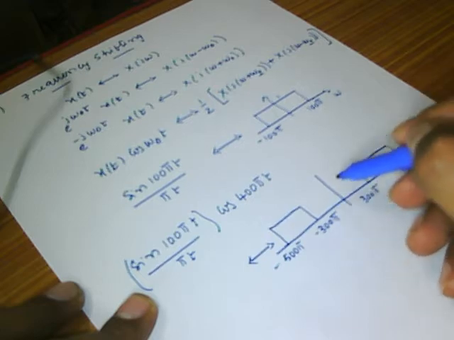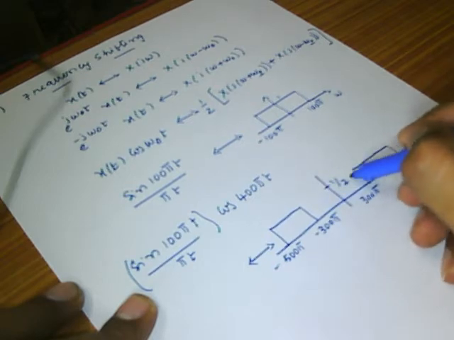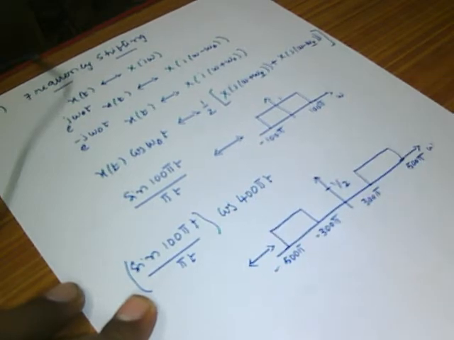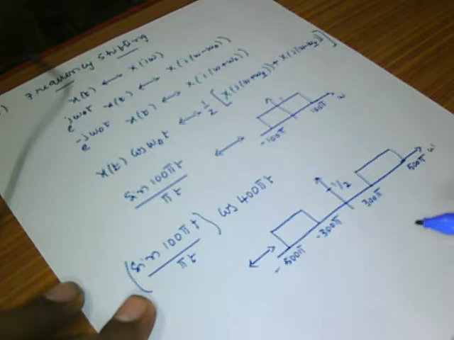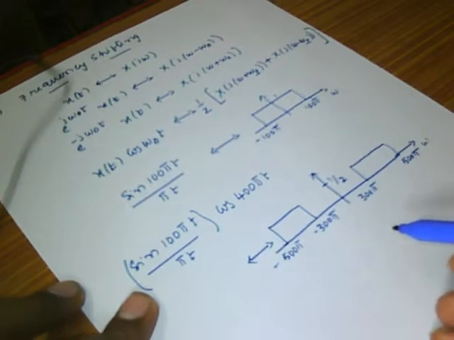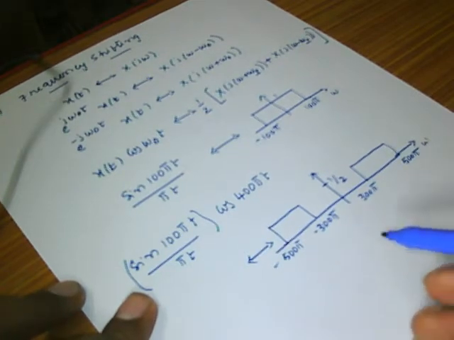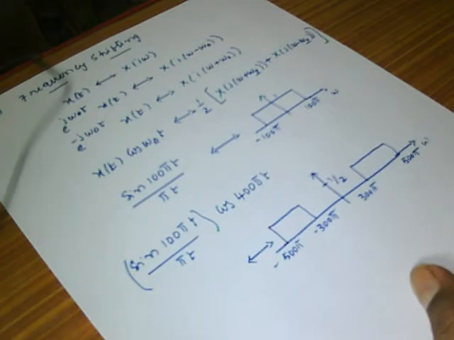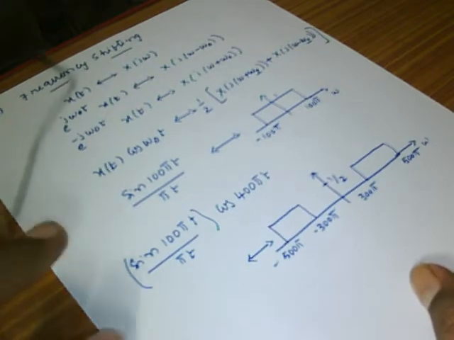So here the amplitude has become half. So this is the Fourier transform of this signal. Is it okay? Similarly, for example, what happens if x of t equals delta of t? Or else we'll see that later.